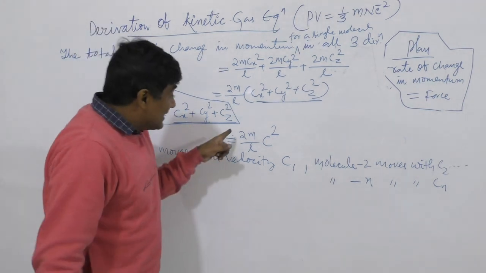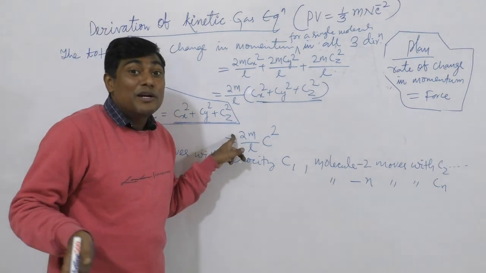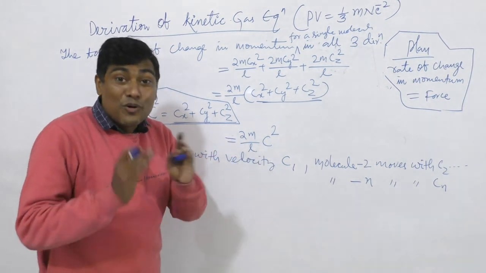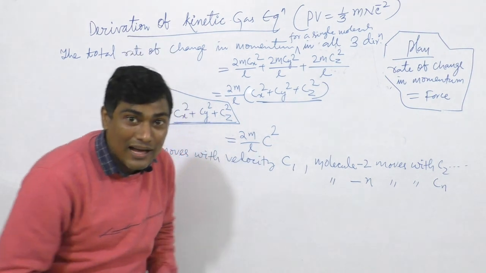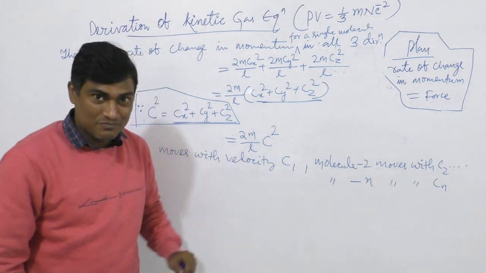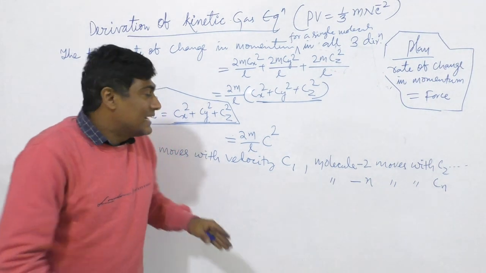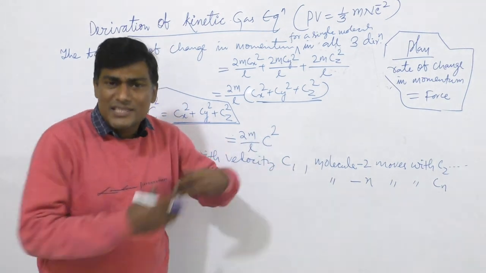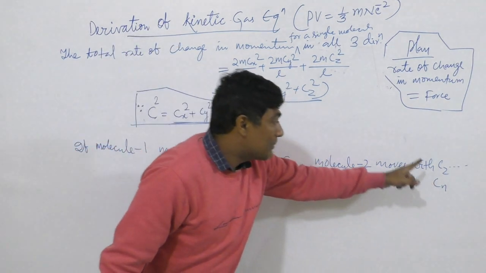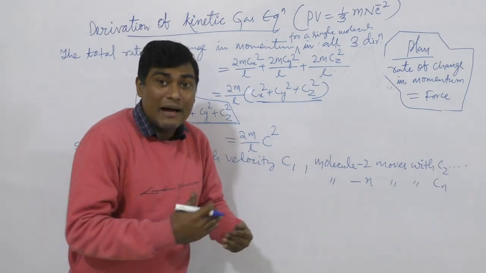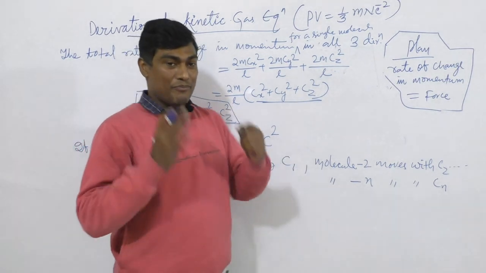Then 2m by L c square is the rate of change in momentum for a single molecule which moves with velocity c. If the molecule moves with velocity c1, then the value will be 2m by L c1 square. For molecule 2, it will be 2m by L c2 square. Similarly, 2m by L cn square. Then we will add all of them.